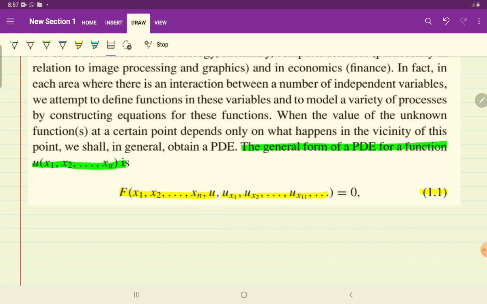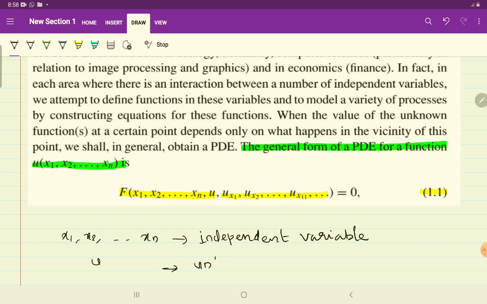The variables x1, x2, etc., xn are called the independent variables, and u is defined in terms of these n independent variables. u is the unknown function.